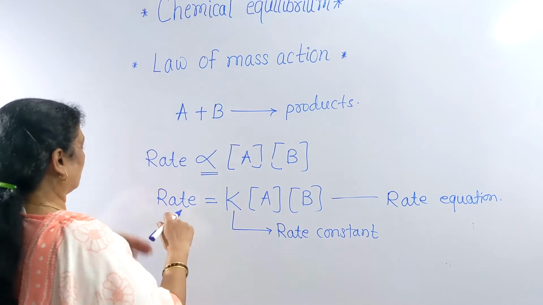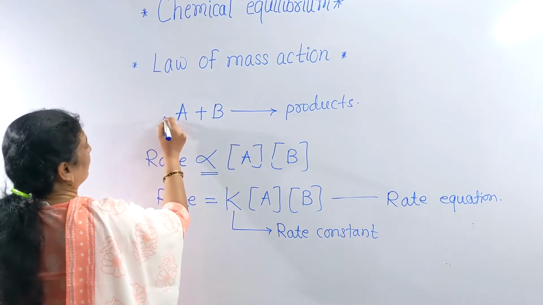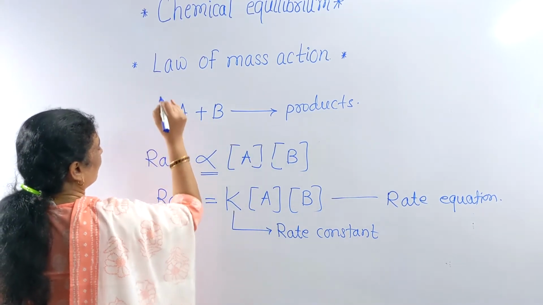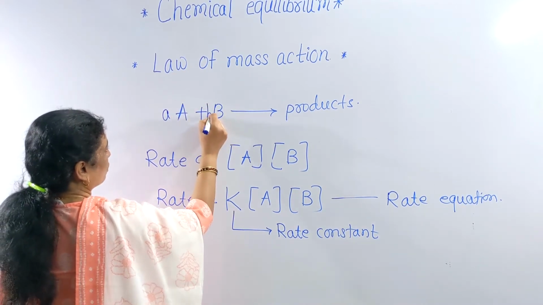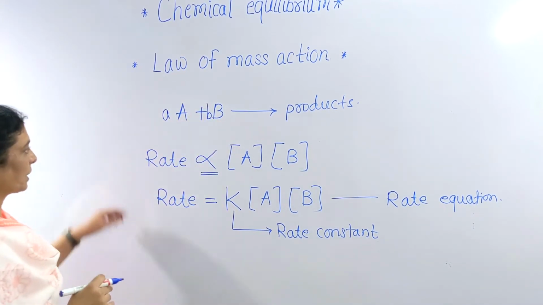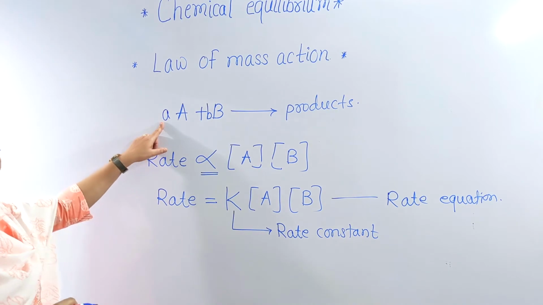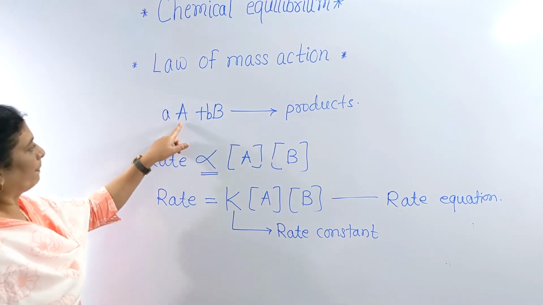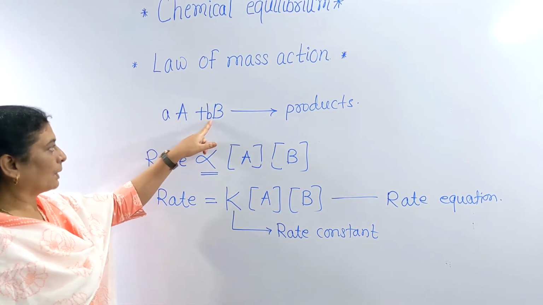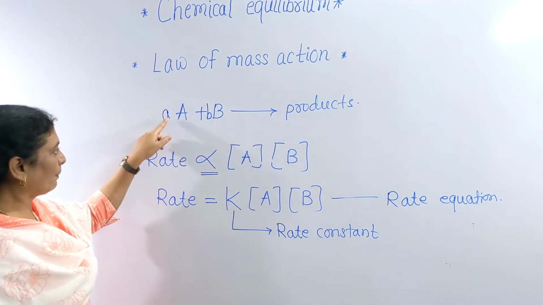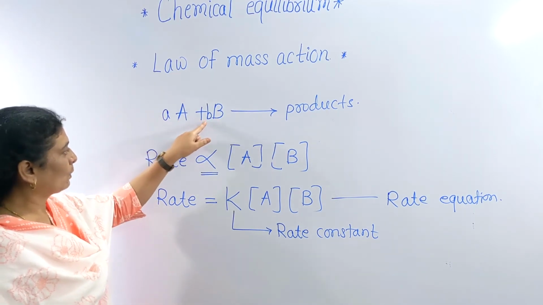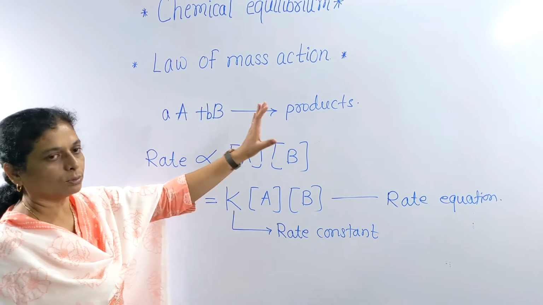But if these values are different from 1, suppose we have taken here a moles of A and b moles of B. See here this reaction, small a number of moles of A plus small b number of moles of B. That is a moles of A reacts with b moles of B to give the products.